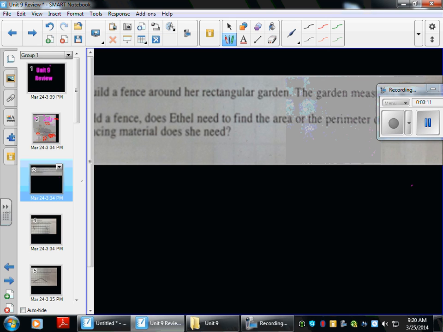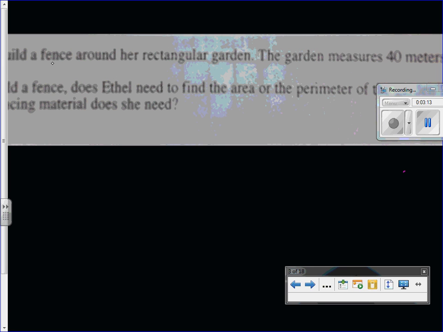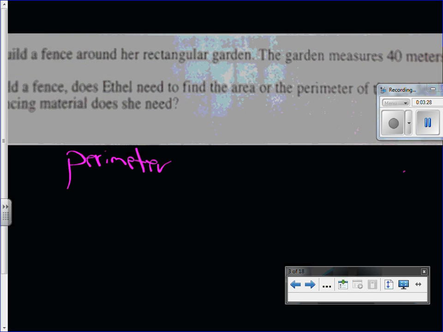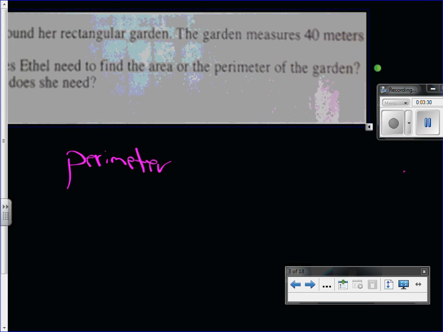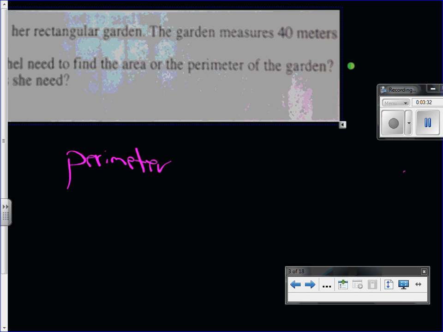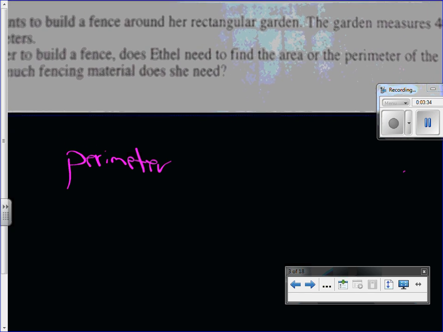All right. We're building a fence around the garden. We want to know if we want to find perimeter or area. Well, if we're building a fence, we want to find the perimeter. What are my dimensions, kids?